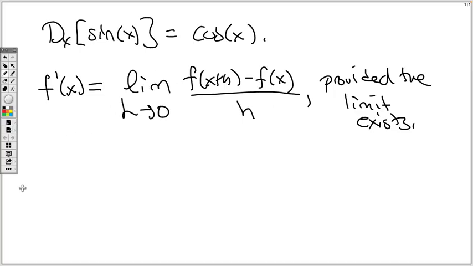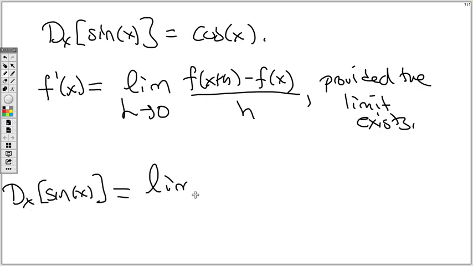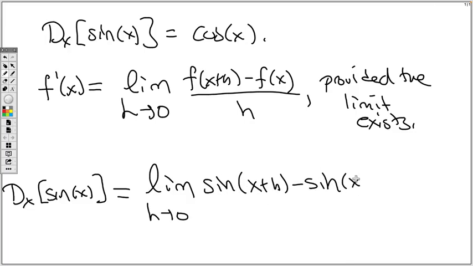So in this particular case, for the derivative of sine, that's our function. We need the limit as h goes to 0 of sine of x plus h minus sine of x over h. And then the challenge is to somehow rewrite this to resolve the 0 over 0.